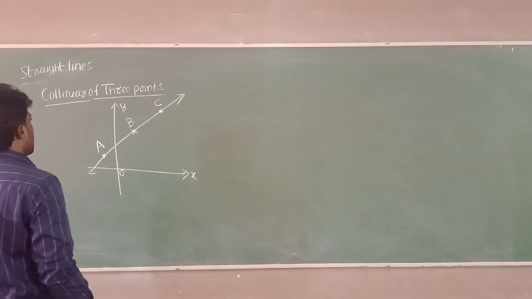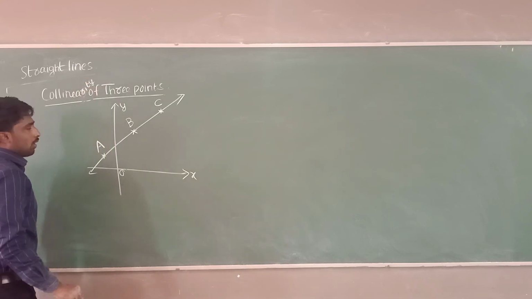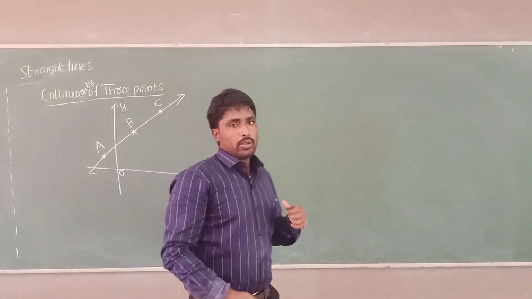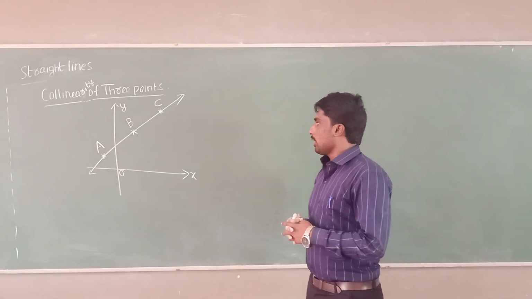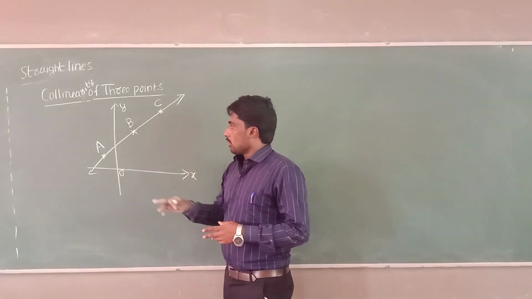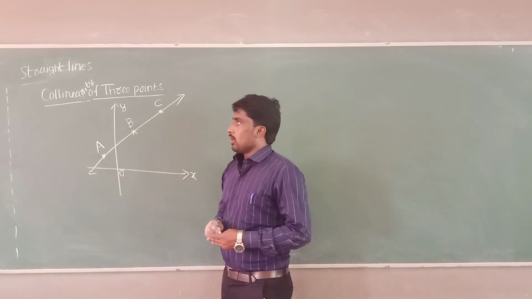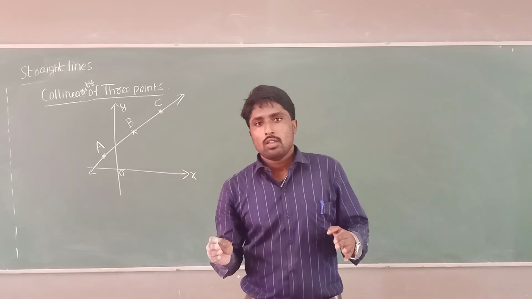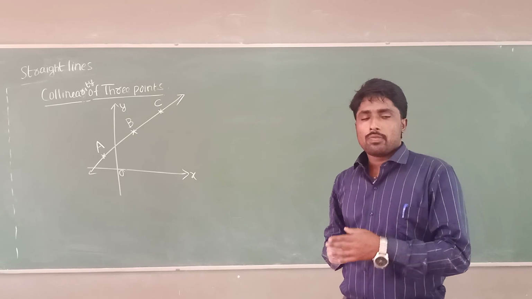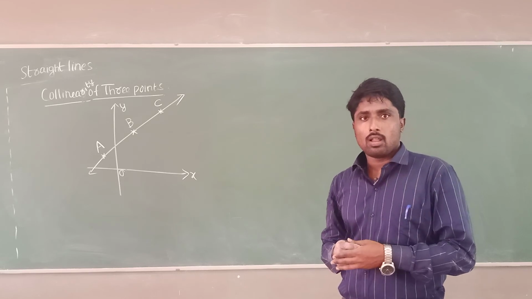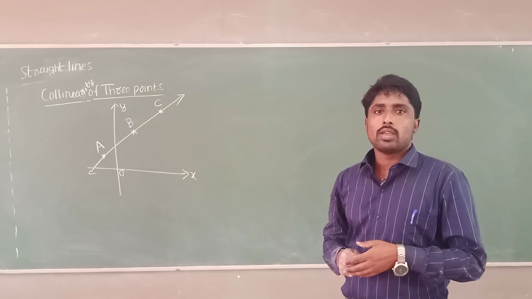The next concept is collinearity of 3 points. Collinearity means, as I already told you, if 3 points lie on the same line, those 3 points are collinear. Before this introduction, listen all of you: if two lines are parallel and their slopes are equal, and the two lines pass through the same point, then those two lines coincide.